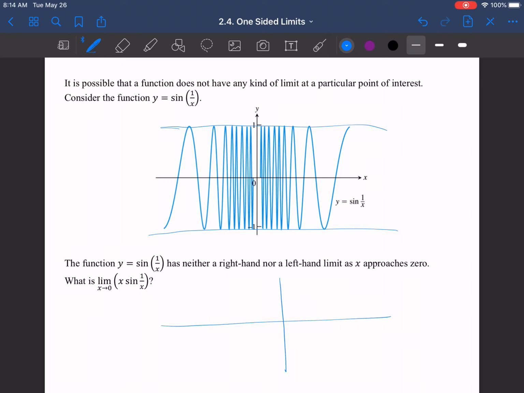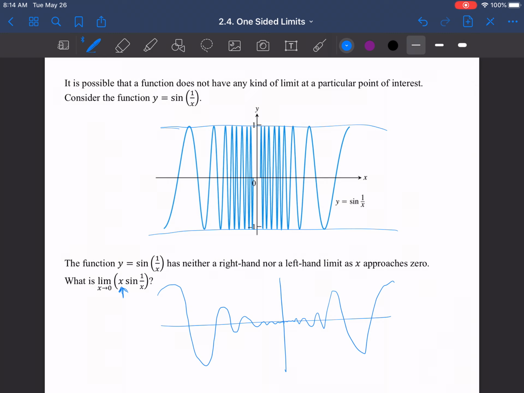It's going to look kind of similar, where it's going to go something like this, and then it's going to grow back up, like that. As x goes to 0, this x out in front is going to force our function to be multiplied by basically 0, and it's going to squish down.